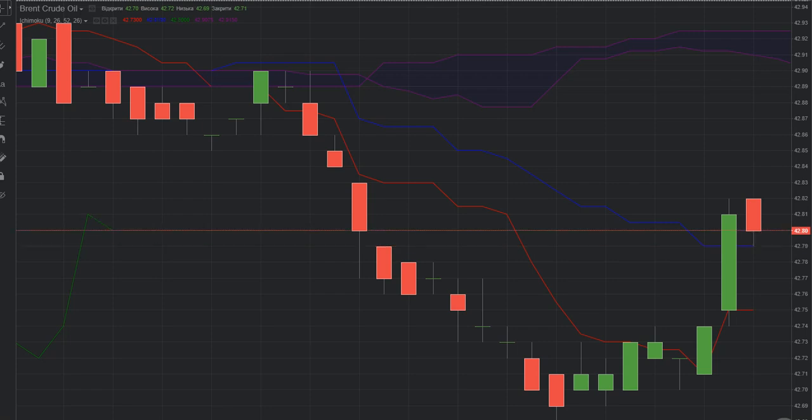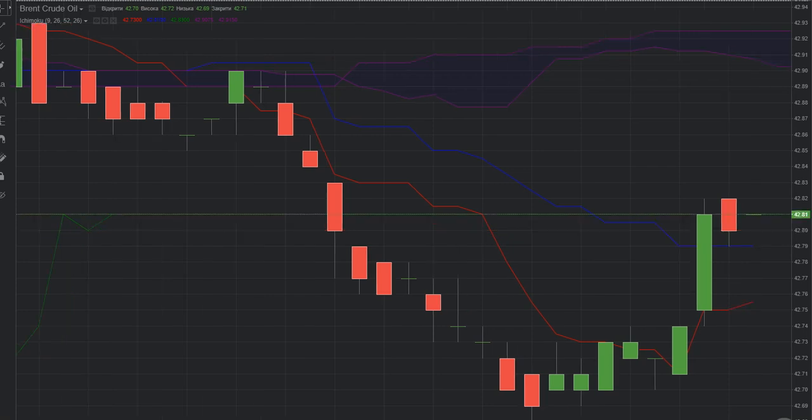When the price enters the Kumo cloud and breaks its upper line, we have a bullish signal. When the price enters the Kumo and breaks its lower line, we have a bearish signal. If the price is clearly above or below it, then the price action has broken the Kumo.